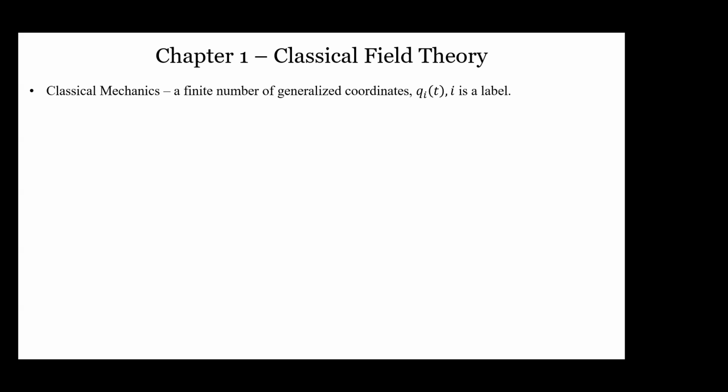And we label each coordinate with q sub i of t, which means you have a spatial coordinate q and a specific time t. Then in classical field theory, the objects of interest are fields denoted with a phi, which is basically a function of the position and time.